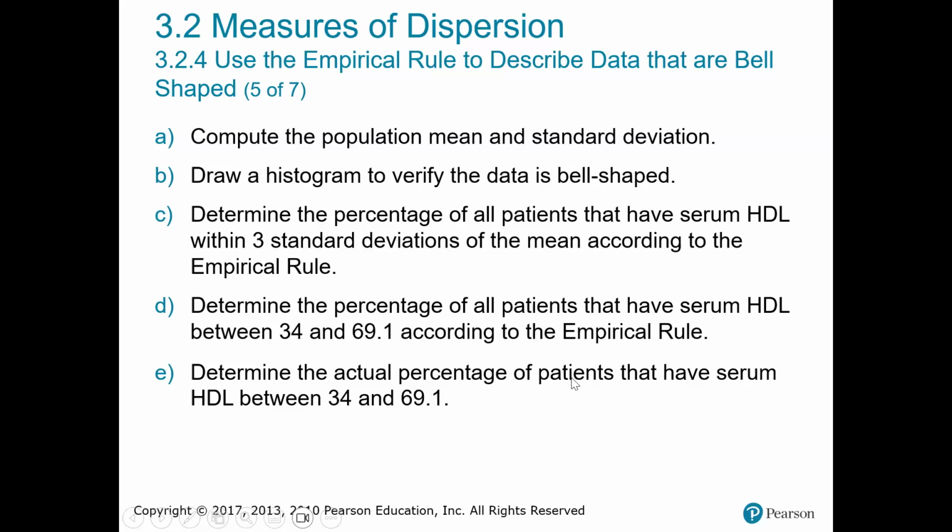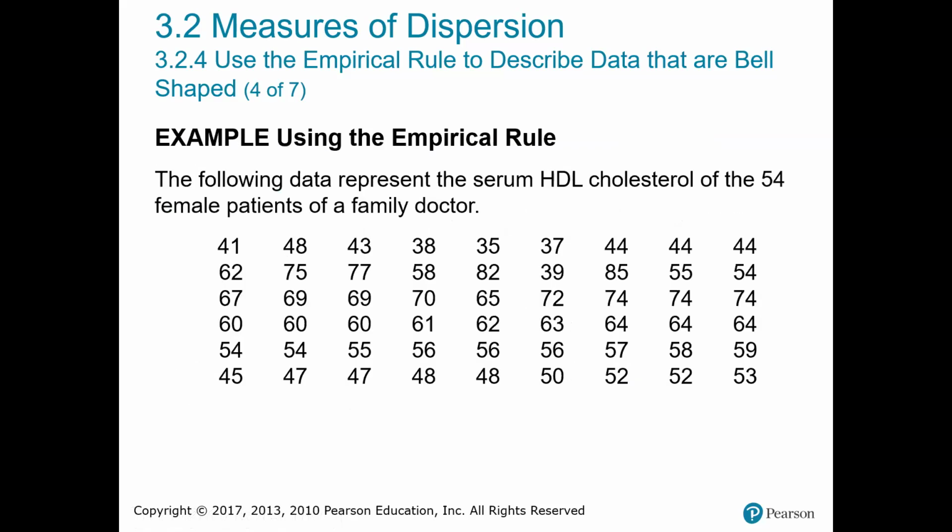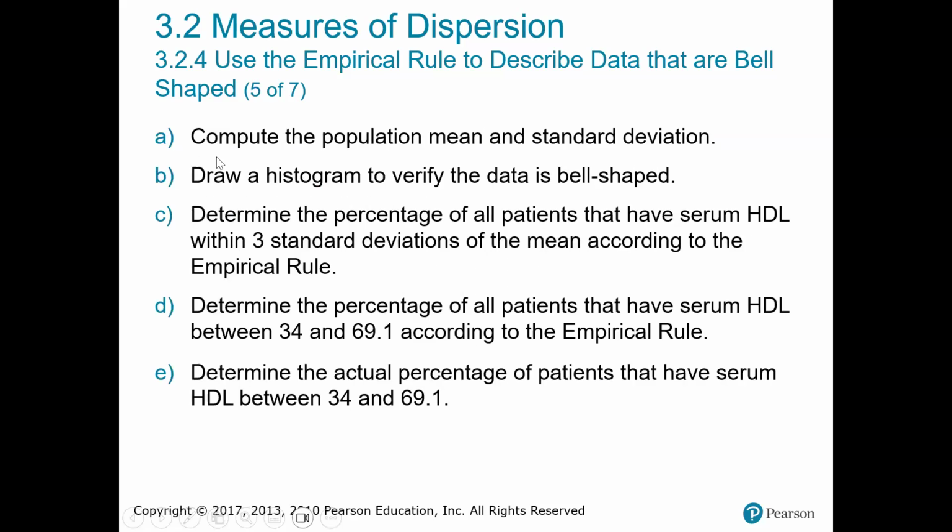Determine the actual percentage of patients that have serum HDL between 34 and 69.1. Okay, so how to do this problem? The first part of the problem, which asks for the population mean and standard deviation, you can calculate using your TI-84.